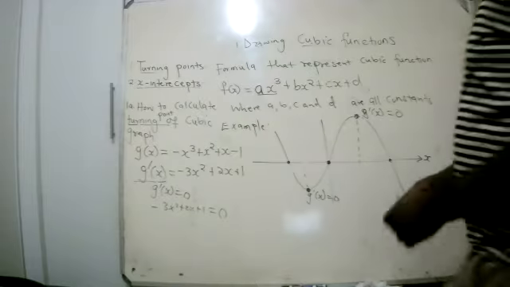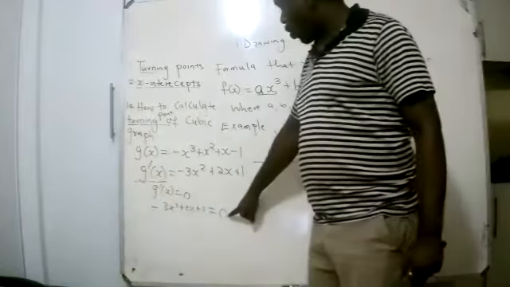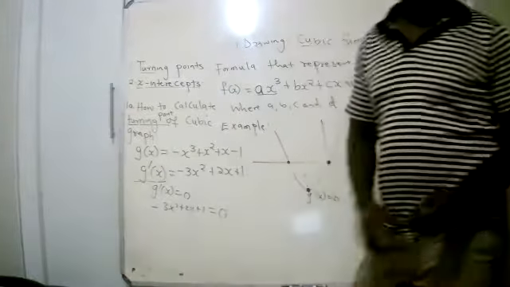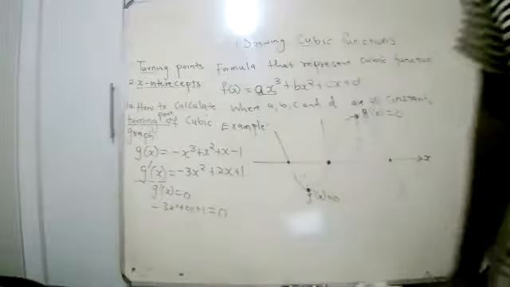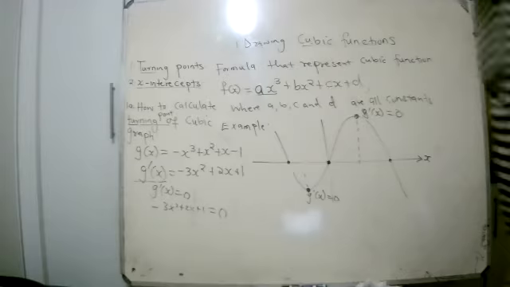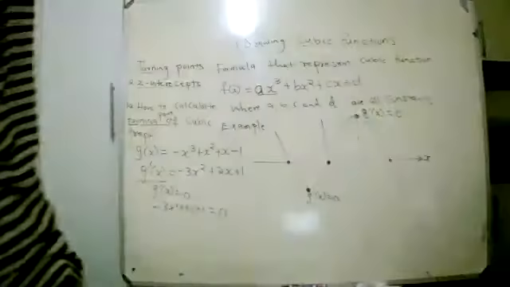What do we have to do from this part here in order to obtain the values of x from here? What can we do? We have to factorize, right? Yes. So we have to factorize in this case.